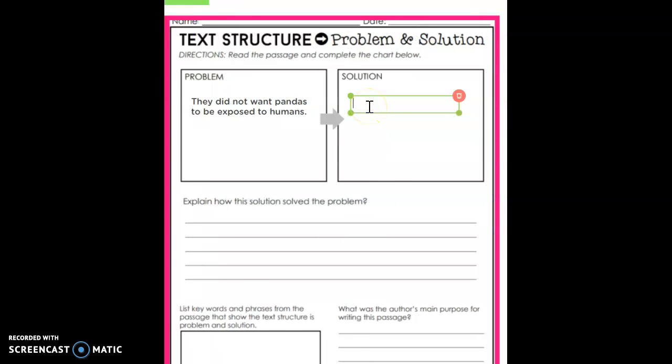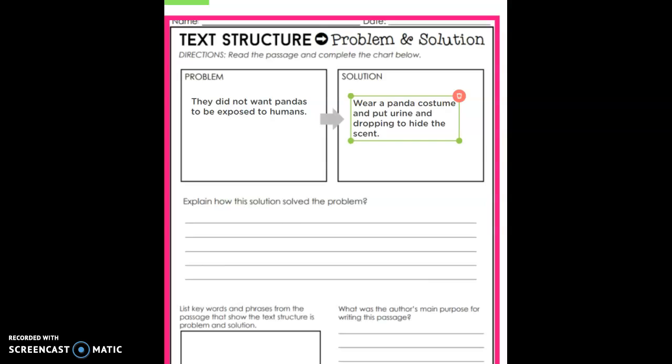Their solution was to wear a panda costume and put urine and droppings to hide the scent. Pause the video so you can type that out.